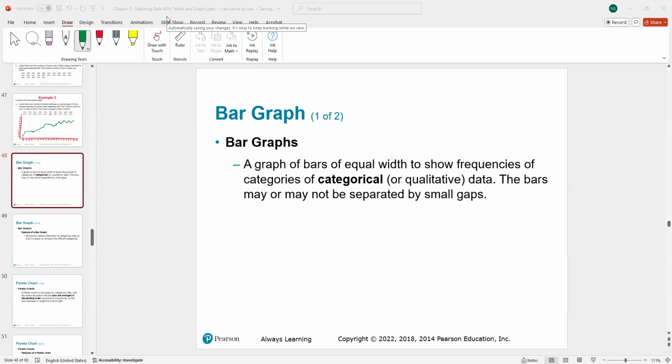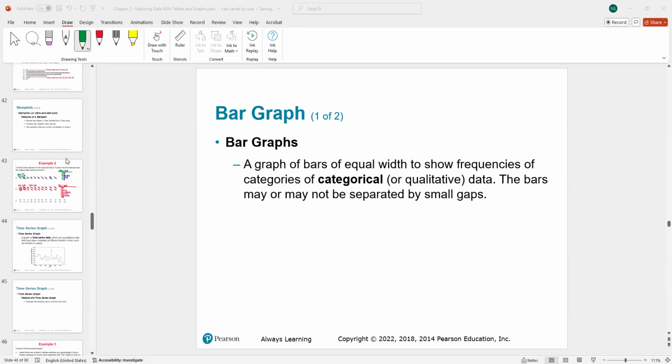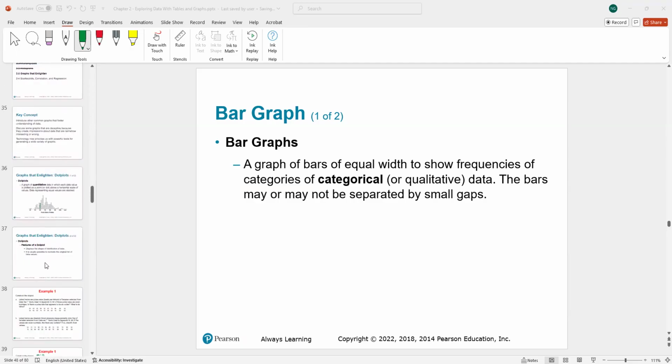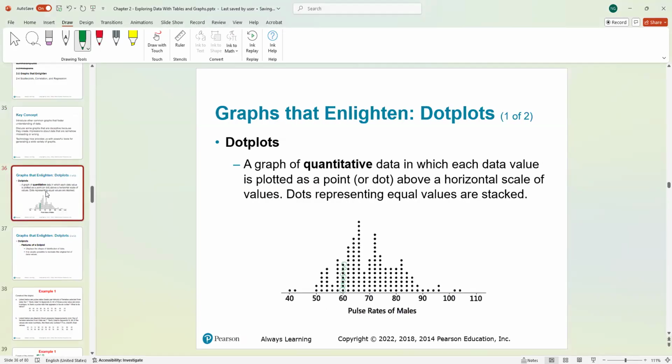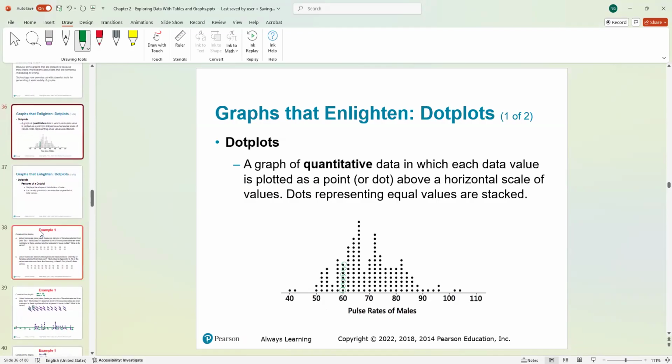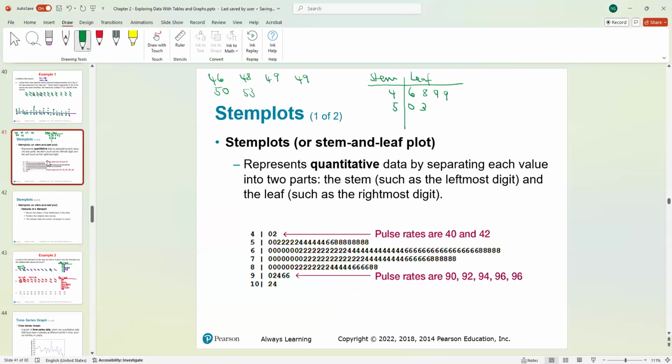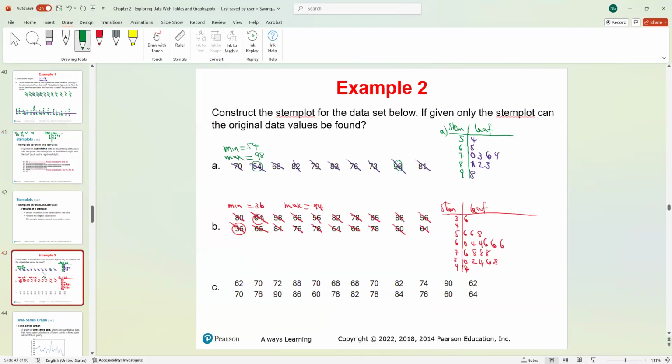If for some reason you missed the beginning of this section, we already covered a few of these graphs. We went over how to construct or display data using dot plots, and we also constructed stem-and-leaf plots, or stem plots, and went over one or two examples of it. If you missed it, I strongly advise you to go back and watch it.